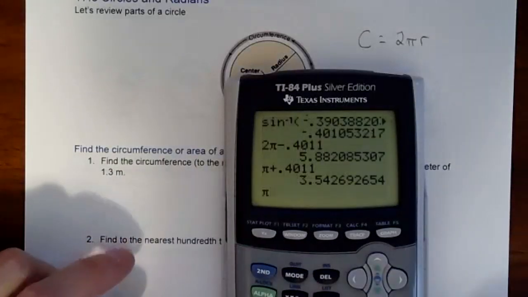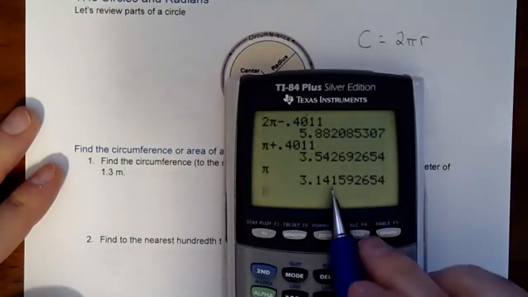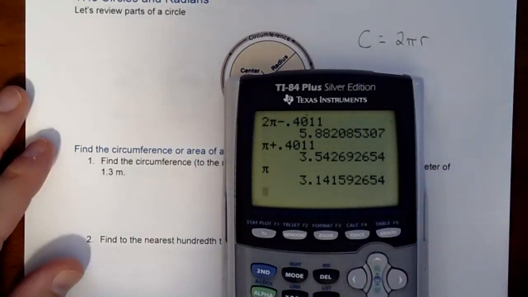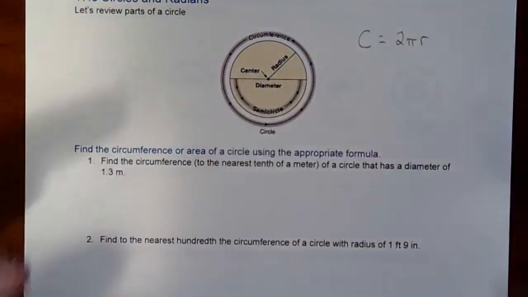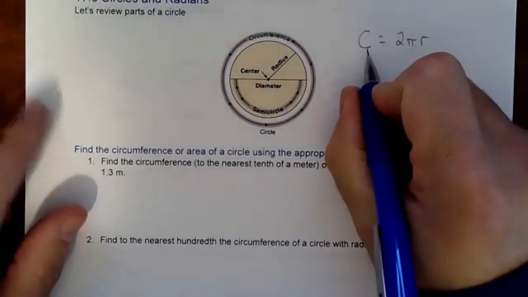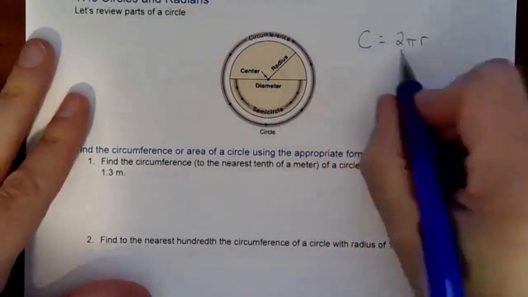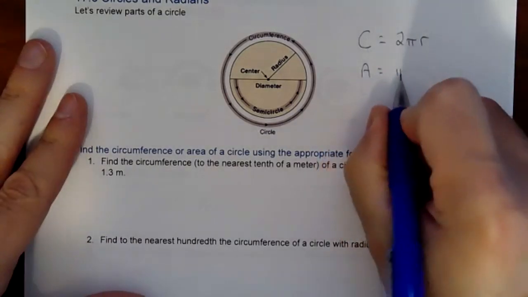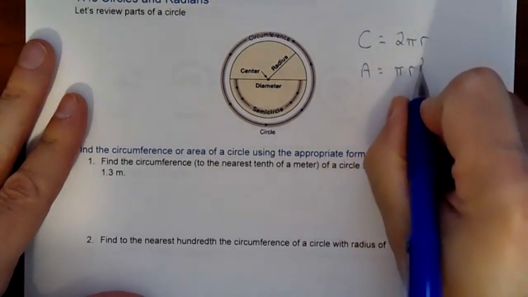Pi goes on forever, and that value will play a role in whether it bumps a number up or down. So circumference, the length around, like a perimeter, is 2 pi r. And your area formula is pi r squared.